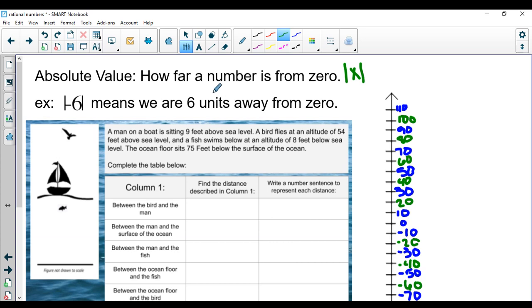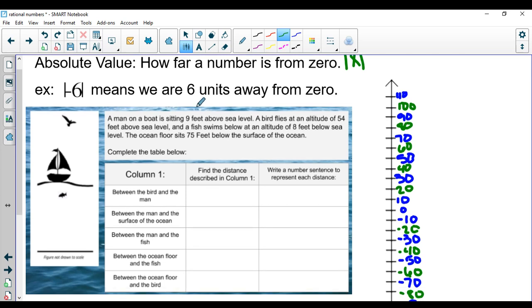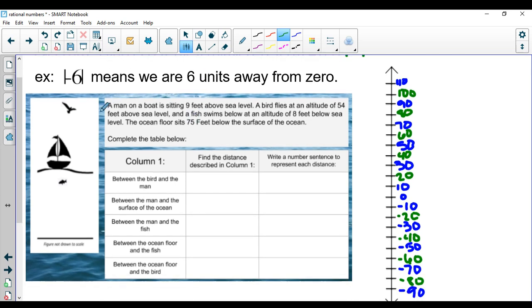So let's look at how this applies to distance on a number line. I have here a word problem, and I have my number line. It's already labeled. A man on a boat is sitting 9 feet above sea level. I did a vertical one so we could have above zero and below zero.